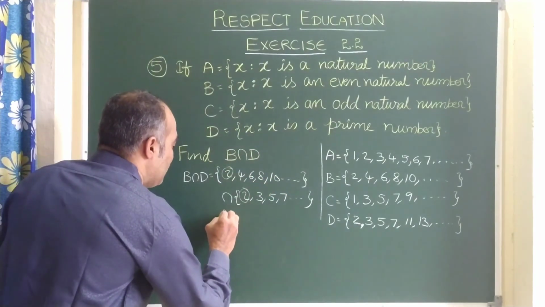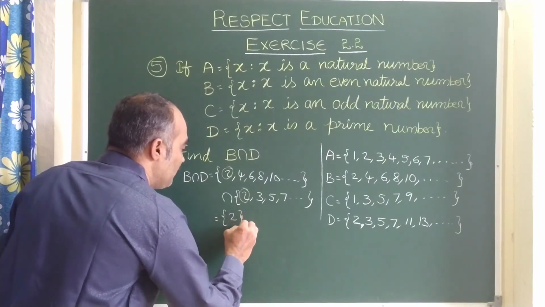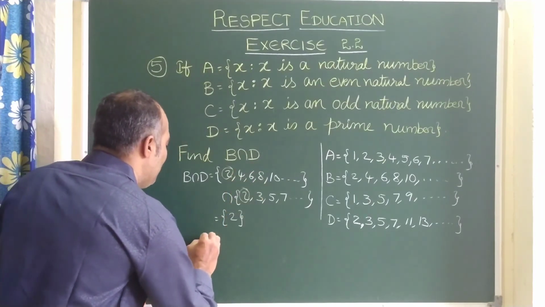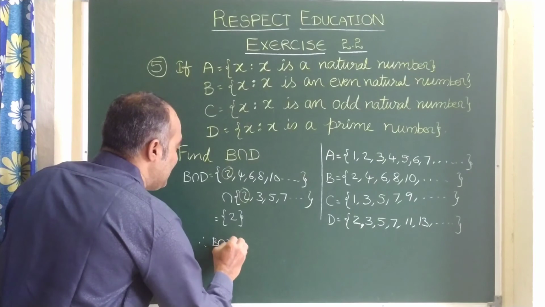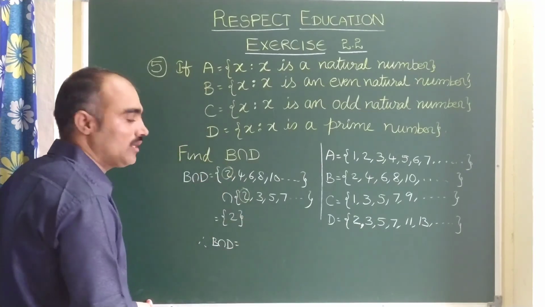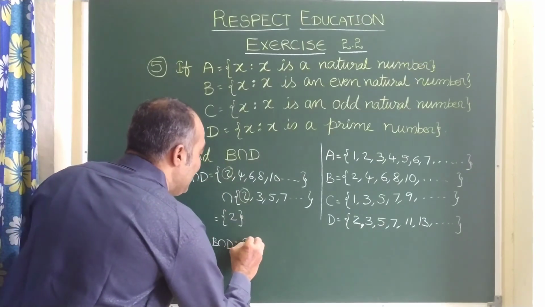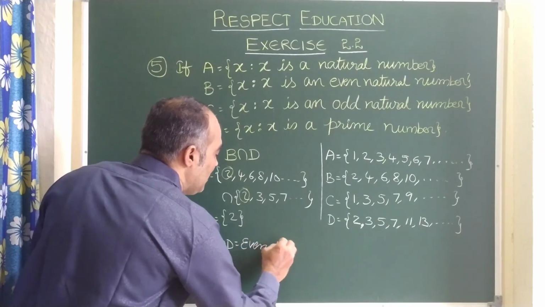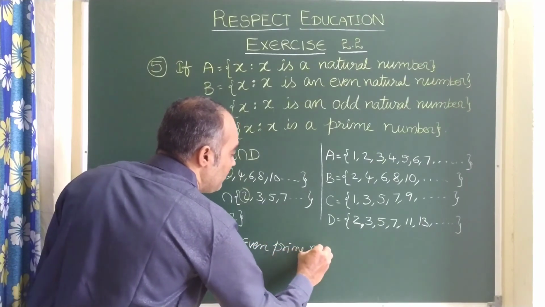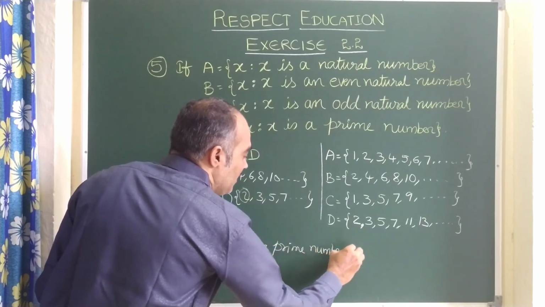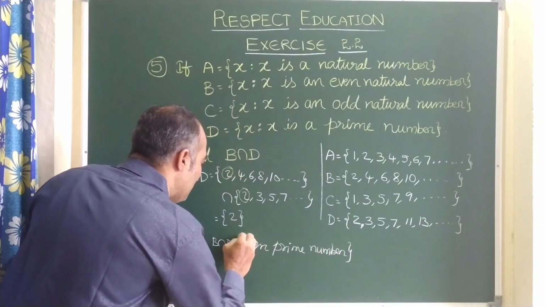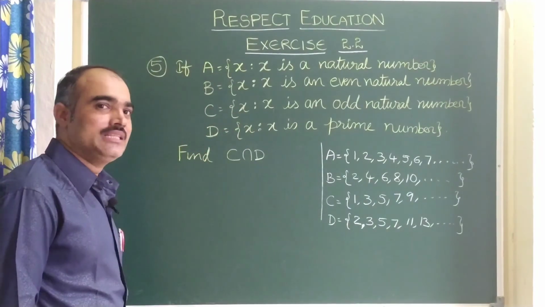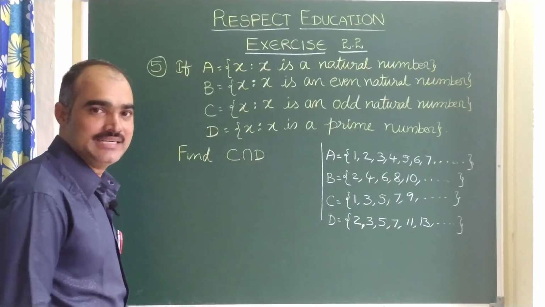So here we can write only singleton 2, right? Therefore, B intersection D is equal to singleton 2. Singleton 2 can be written as the even prime number also. It is the only even prime number. That's all.